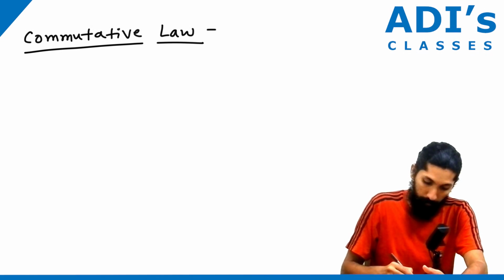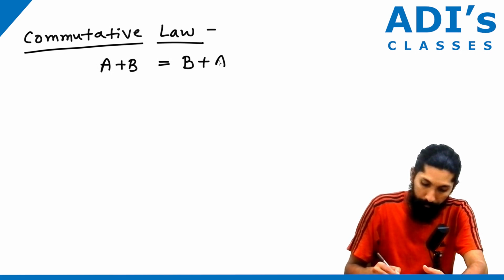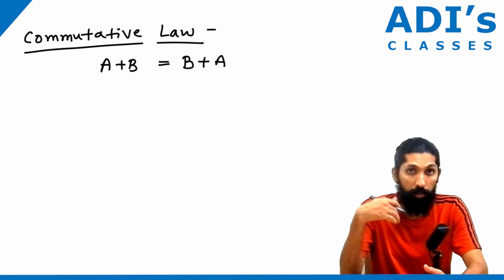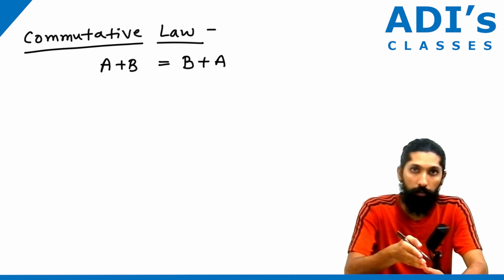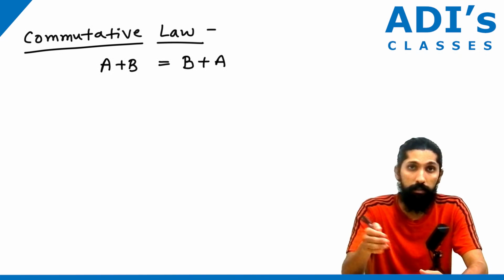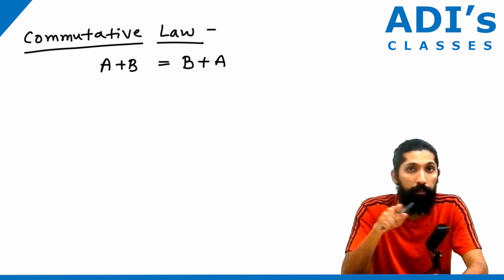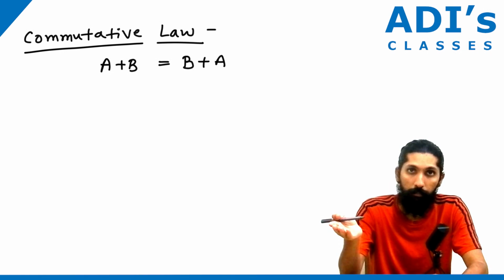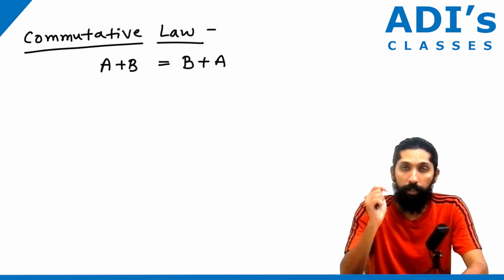That means A plus B will be equal to B plus A. Just rewind back a couple of seconds and you can see that A plus B and B plus A are one and the same. So here we are talking about the commutative law.